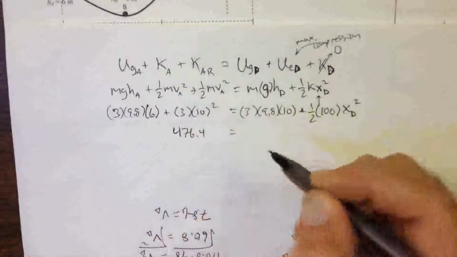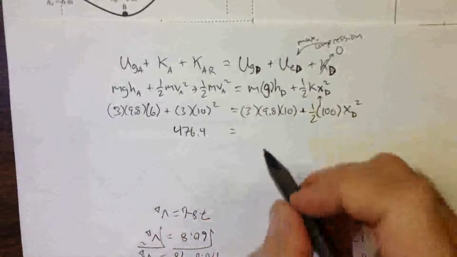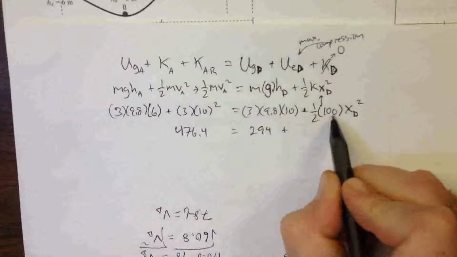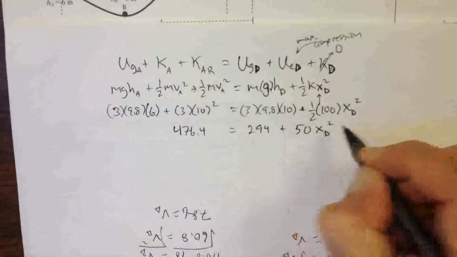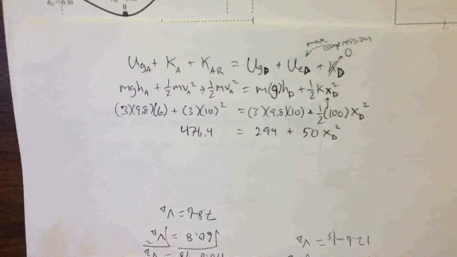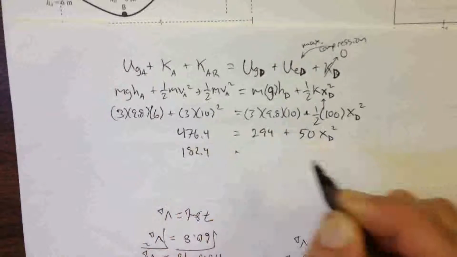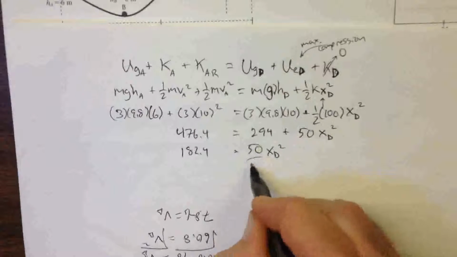476.4 equals 98 times 3, 294, plus half of 100 is 50, xd squared. So subtract 294 from 476.4, you get 182.4 equals 50 times xd squared.